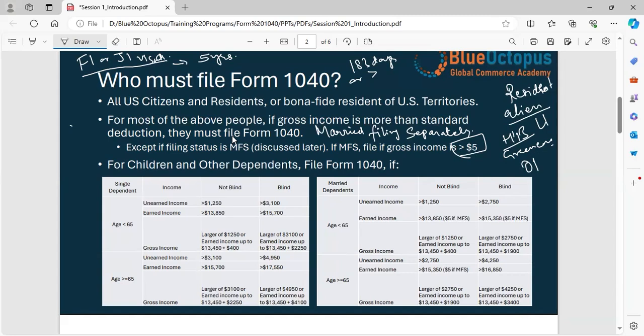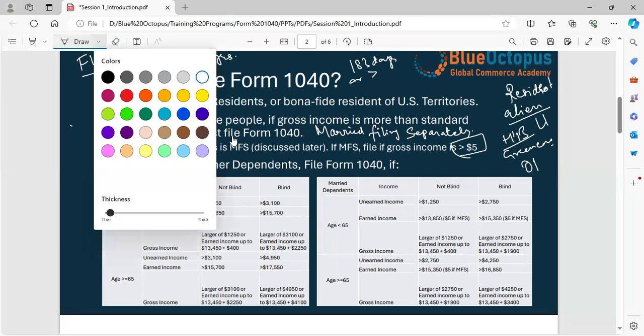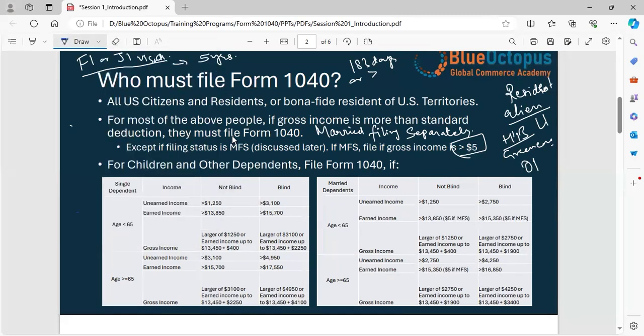Let me change the pen color. If the dependent is a single dependent, age is less than 65, and the person is not blind, a normal person who is not senior, not blind, and single.